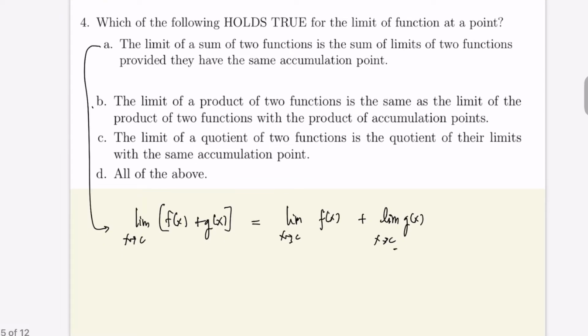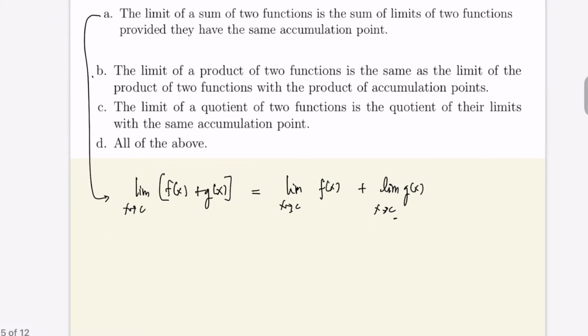Sa letter B naman, ang interpretation niya is the limit of the product of two functions. So, f of x, g of x as x approaches C is actually the limit of the product. Parang kinopya mo siya pero may accumulation points na ganyan. Pareho sila. So, kunyari, C squared.